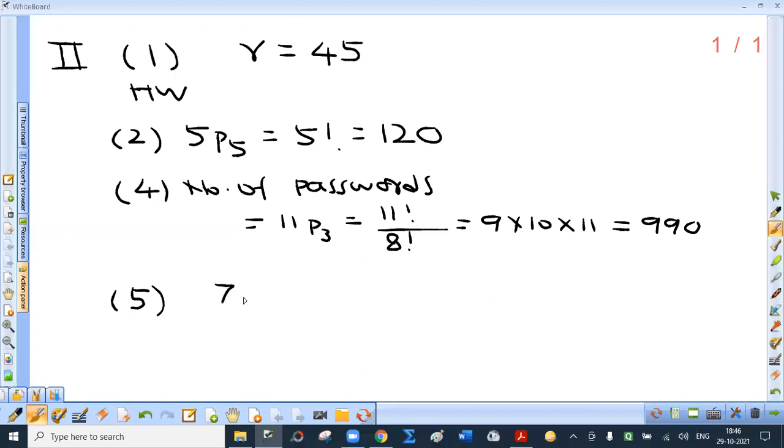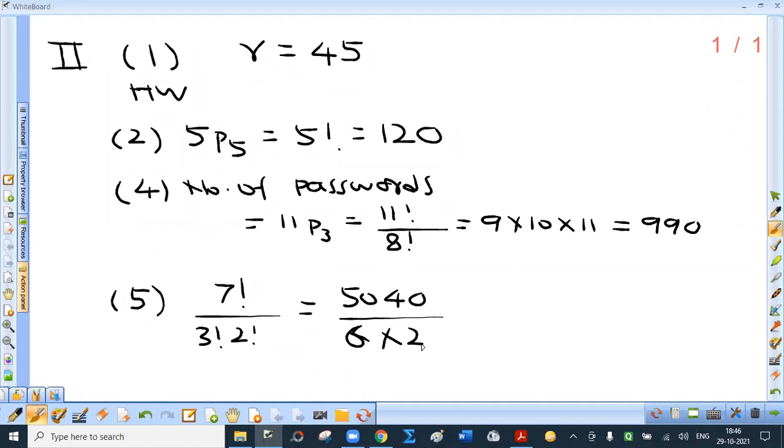I'm explaining. 7 factorial upon 3 factorial into 2 factorial, because 3 appears thrice. Okay. So what is that number? 7 factorial, we know it is 5040. 3 factorial is 6 into 2 factorial is 2. So 12. 5040 upon 12. So 12 4s are 48. So 420. Do you agree with me?